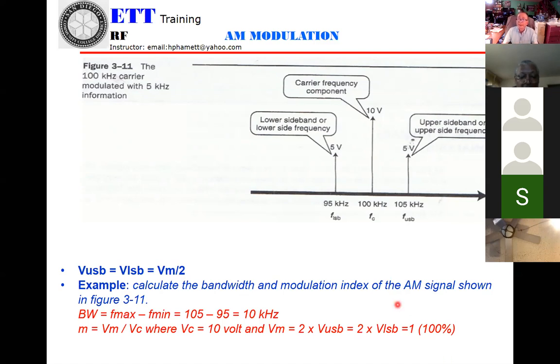That's why in here you can see I gave you V upper sideband equals V lower sideband equals Vm divided by 2. So if you want to calculate the Vm, you have to take either the upper side or the lower side.